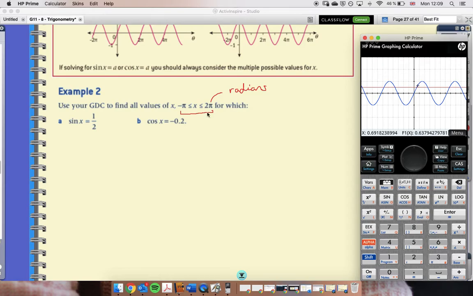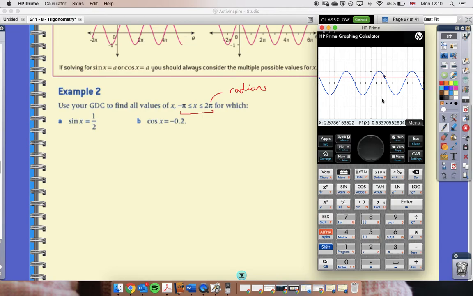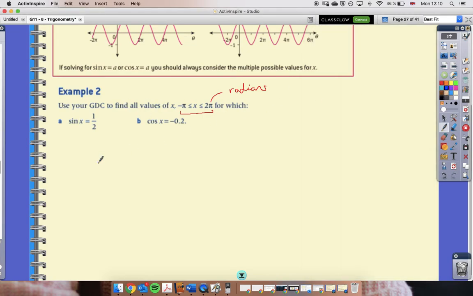This is smaller than 2 pi, this is smaller than 2 pi, and this is greater than 2 pi, because 2 pi is the end of this wavelength here. So my two solutions will be these. Now what I should do is draw a little sketch of what I'm looking at to show how I've reached my solution.